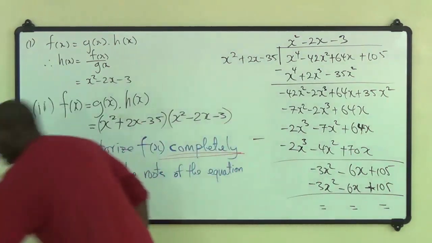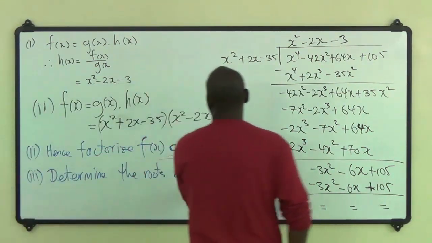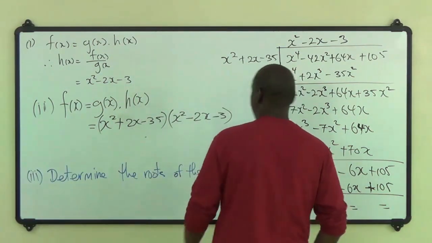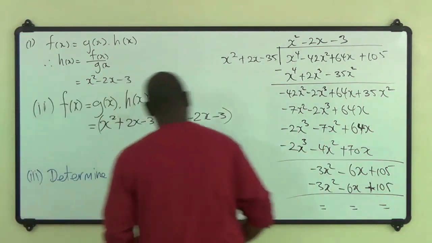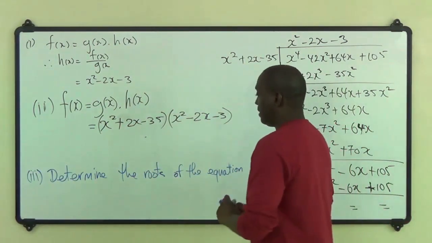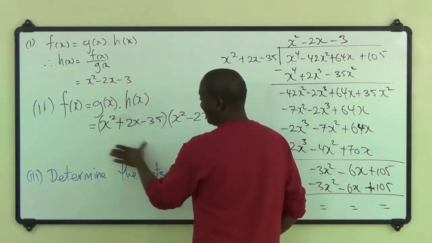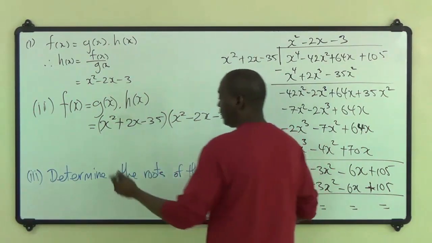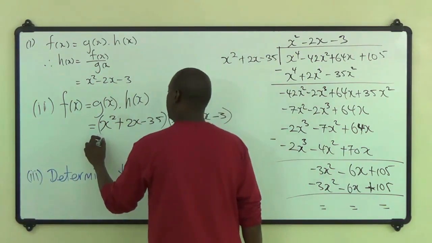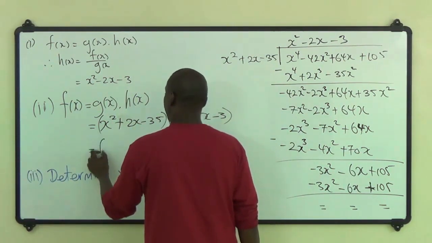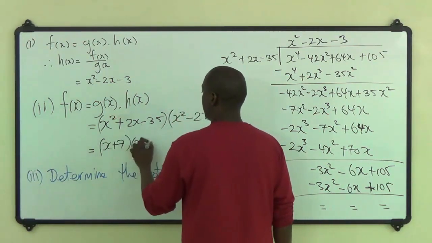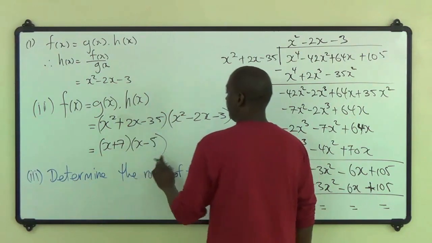So we clear the space now, and in a situation like this, you know that the factorization they will be referring to would be a factorization of this quadratic into two linear factors. The answer for this would just be 7 minus 2, x 7 minus 5, x plus 7 into x minus 5.